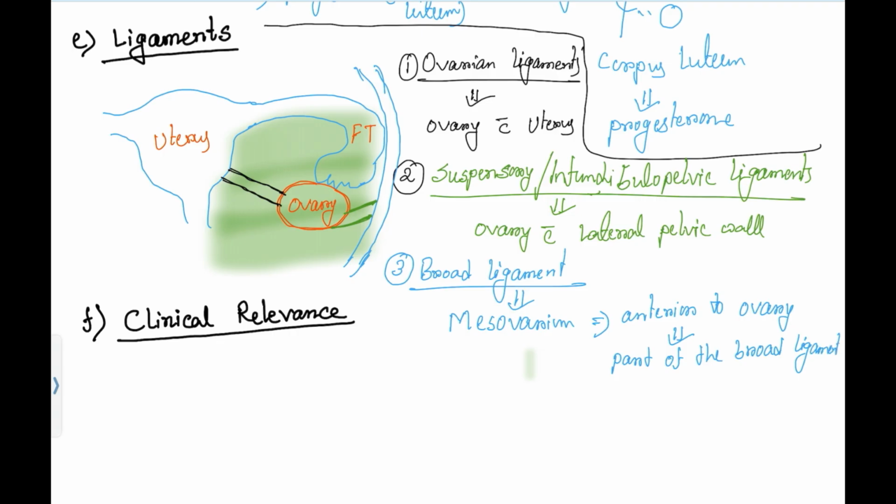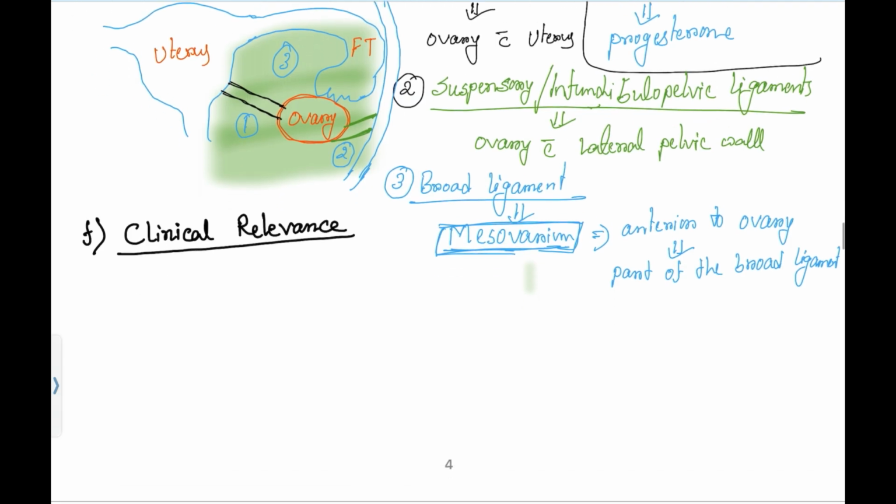So what all ligaments are present? One is your ovarian ligament. Second is your suspensory ligament or infundibulopelvic ligament, and third is your mesovarium, the part of the broad ligament situated anterior to your ovary, which also gives support to the ovary.